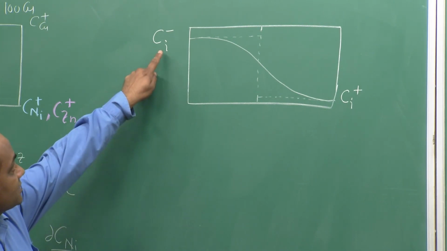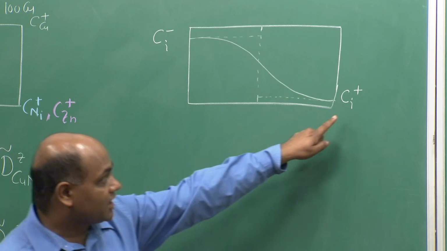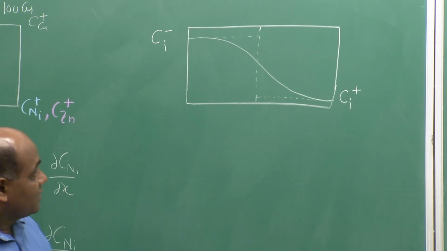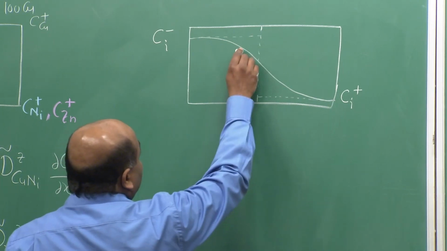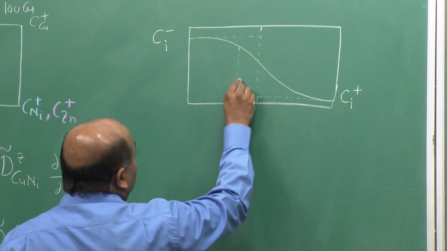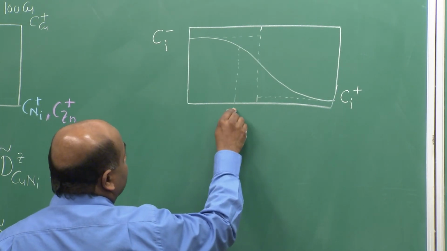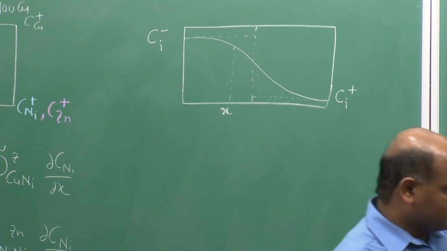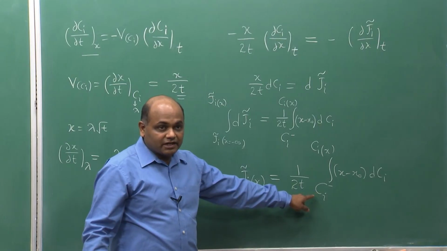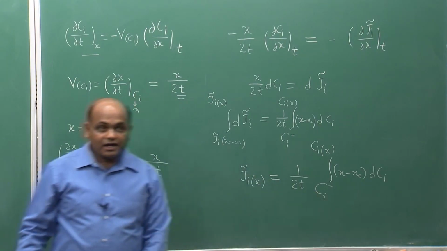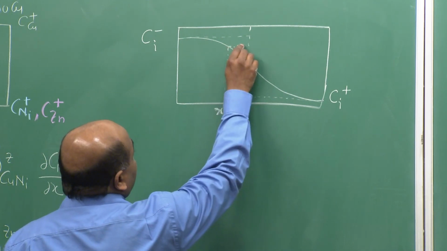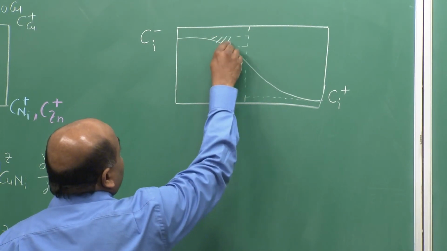Ci minus is again the left terminal alloy concentration, Ci plus is the right terminal alloy concentration. If we want to evaluate the interdiffusion flux at any position x, we use that formula, and here this integral is nothing but again the area under the curve.